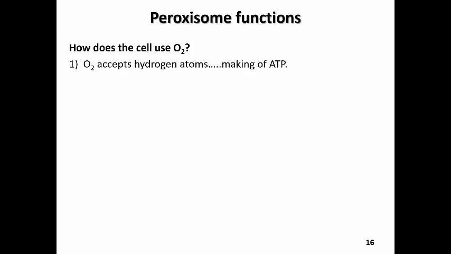When we think about regular molecular oxygen, this is what we need to breathe in as humans to stay alive. Molecular oxygen functions inside a cell, specifically inside another organelle called the mitochondrion, by accepting hydrogen atoms.